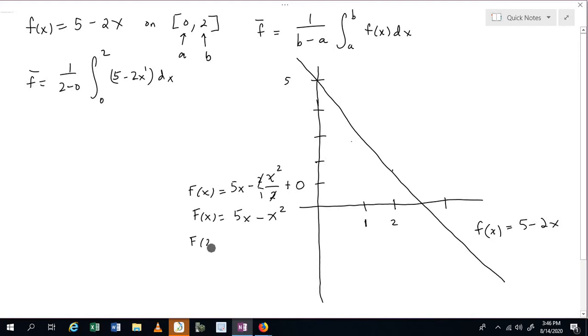So let's find F of 2. When we plug a 2 into this, we get 10 minus 4, which is just 6. And then F at the lower limit, F of 0, is just 0. So this definite integral is just 6 minus 0, and then times the 1/2 in front.